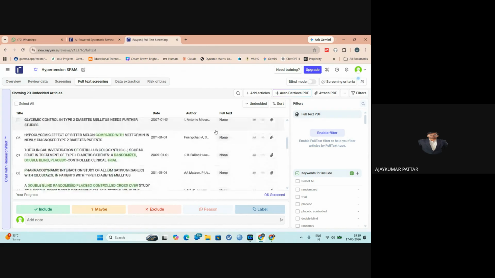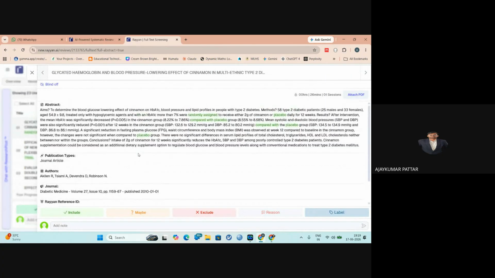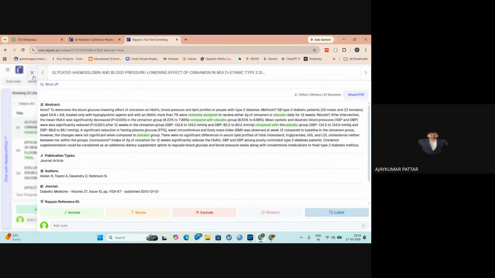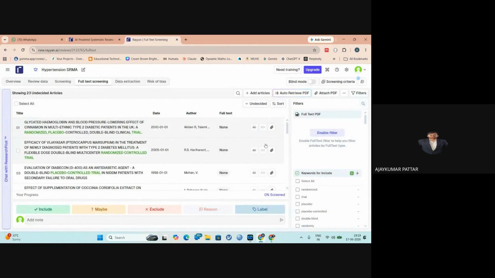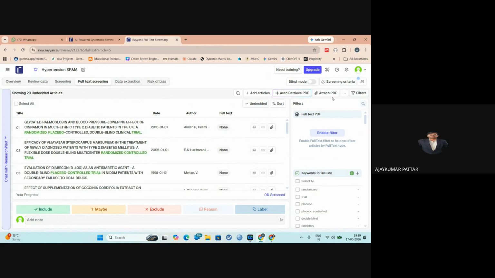DOI is showing only the DOI. Rayyan does not automatically fetch the articles from the DOI or anything. We should have the PDF, then only we will go with the full text screening. That's why this option is better.